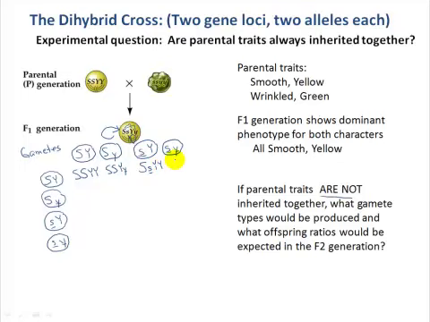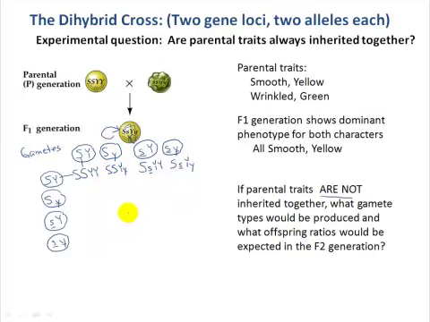And I'm not going to go through and draw these all out because they're in the next slide, but just so that you see what we're doing here, this gamete combined with this gamete produces an offspring with this genotype, right? Homozygous dominant for the S gene, homozygous dominant for the Y gene. In this case, we have a recessive allele coming from this gamete for the Y gene, and so our genotype would be homozygous dominant for the S gene, but heterozygous for the Y gene, right?